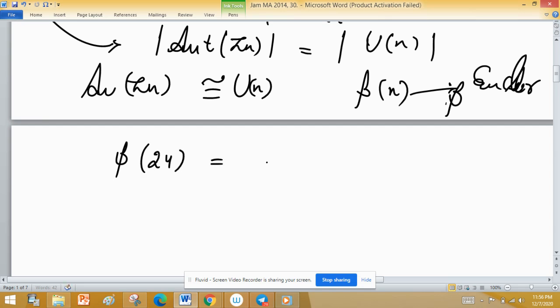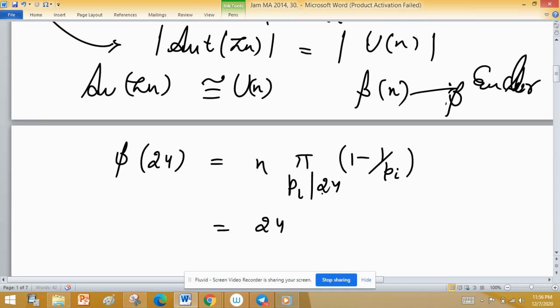Phi(24) can be evaluated easily by this formula: n times the product over all prime divisors pi of 24 of (1 minus 1 upon pi). Here n is 24, and 24 can be written as 2 raised to the power 3 into 3, so this is p1 and this is p2.